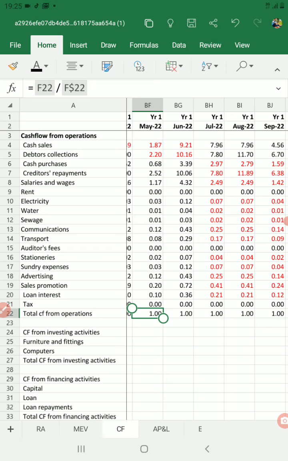Now, as I wanted to, I will have a session dedicated to explaining the importance of having these monthly projections, especially when you do financial modeling for an overdraft facility.